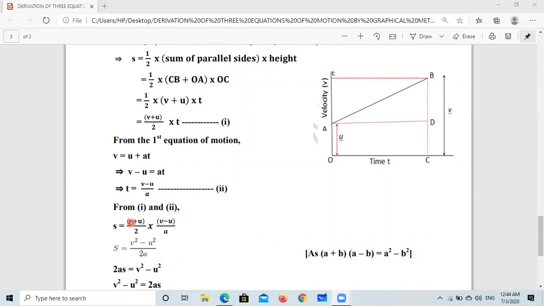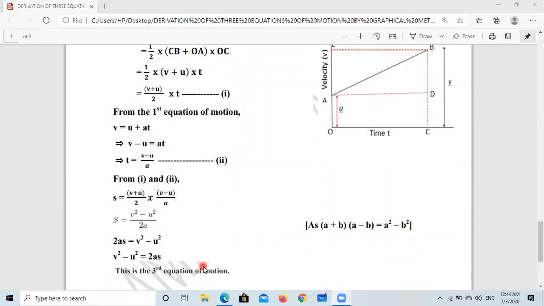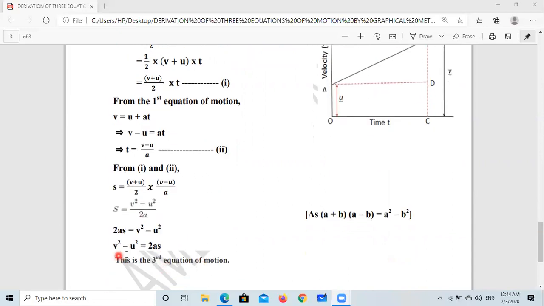So S equals V square minus U square upon 2A. When 2A comes this side, 2AS equals V square minus U square. So V square minus U square is equal to 2AS. This is the third equation of motion.